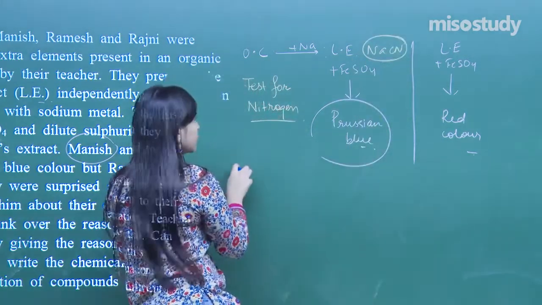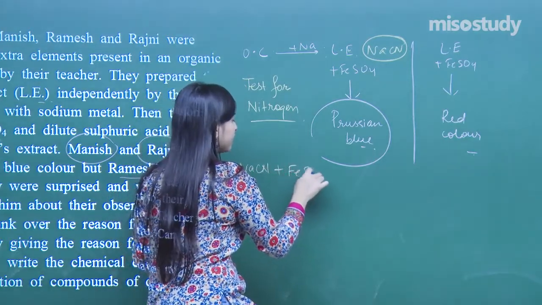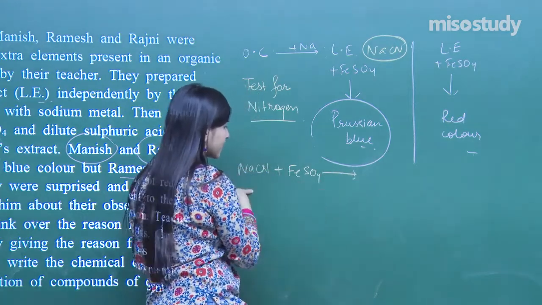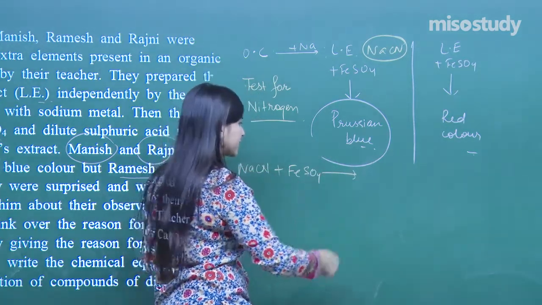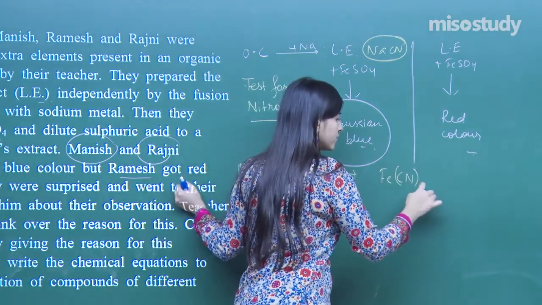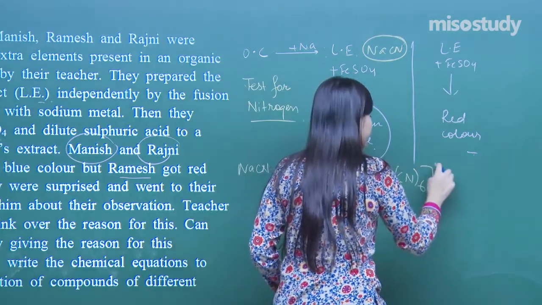So NaCN is reacted with FeSO4 in the presence of conc. H2SO4. First of all, this is the reaction. What will happen in this case is that [Fe(CN)6]4- will be produced.